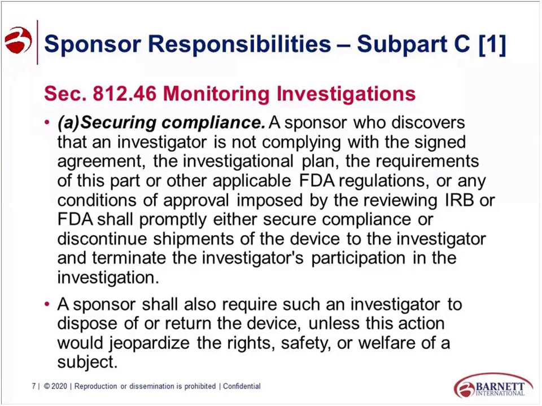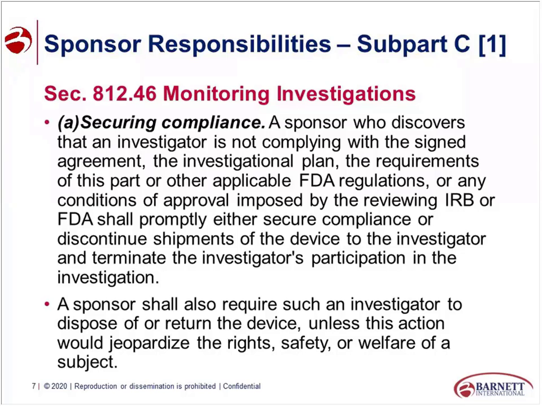And if the sponsor discovers that an investigator is not complying with the signed agreement or the investigational plan, the sponsor needs to discontinue shipment of the investigational device to the investigator, and the investigator is then terminated in their participation in the clinical trial.